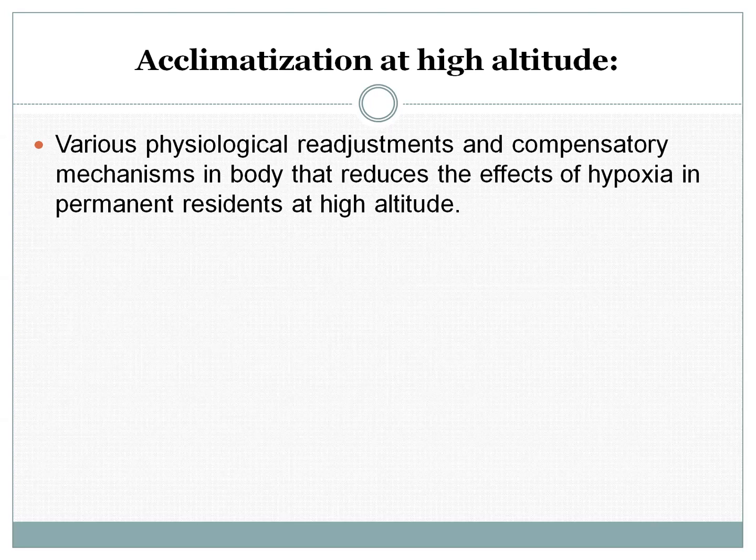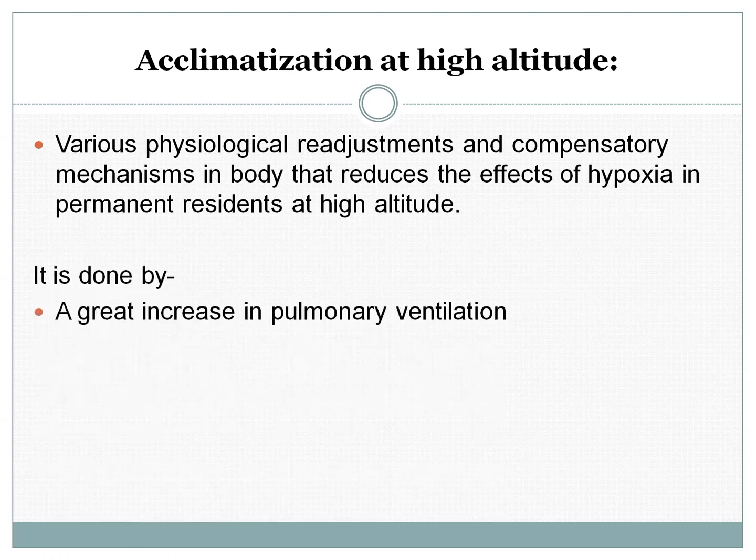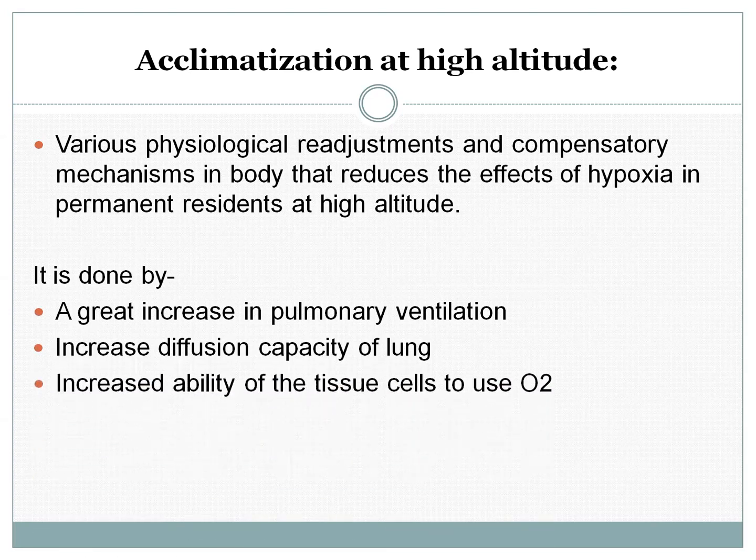And then in the permanent residents at high altitude, they will reduce the effect of hypoxia like this, and that is known as acclimatization. Now it is done by, first, a great increase in the pulmonary ventilation. Second, there will be an increase in the diffusion capacity of the lung. There will be increased ability of the tissue cells to utilize the oxygen, and there will be increased vital capacity.